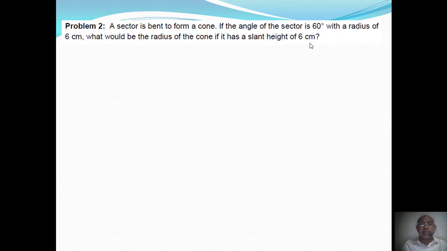Okay, so can you imagine how we can form the cone? So the cone is formed from a sector with central angle 60 degrees and radius of 6 cm. So what is the radius of the cone if the slant height is 6 cm?